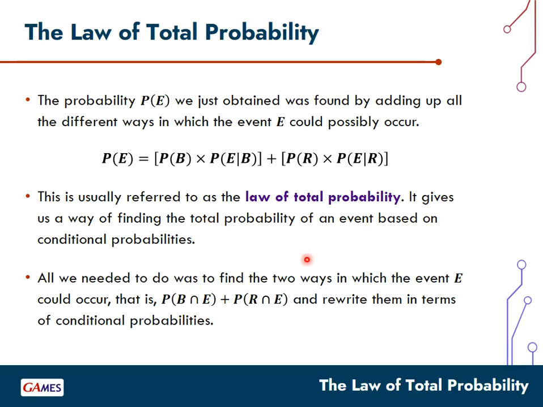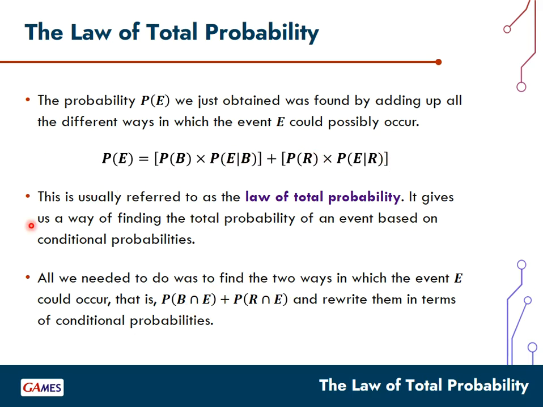So all we just needed to do was find the ways in which the events could occur and then add them up. We add intersection here and intersection here, and then we write these intersections in terms of conditional probabilities and raw probabilities. That's it. That gives us the total probability.